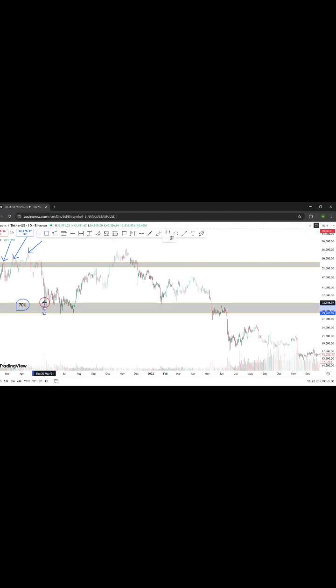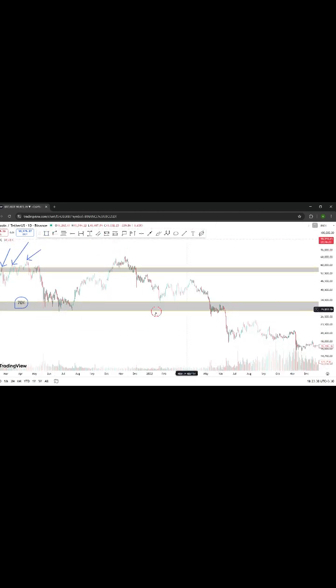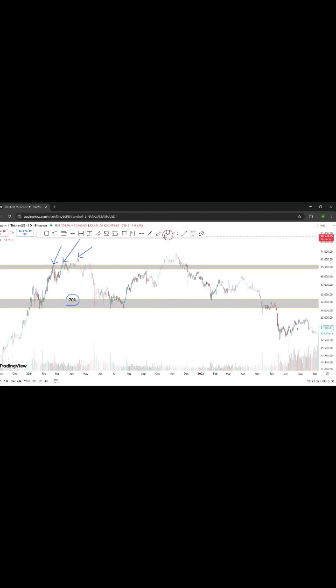Okay, for example, from here, I think it's a good area. Every time price comes down from here, first hit, second hit, third one, as you can see, every time.